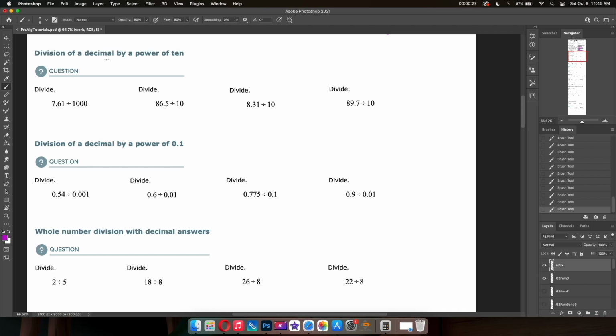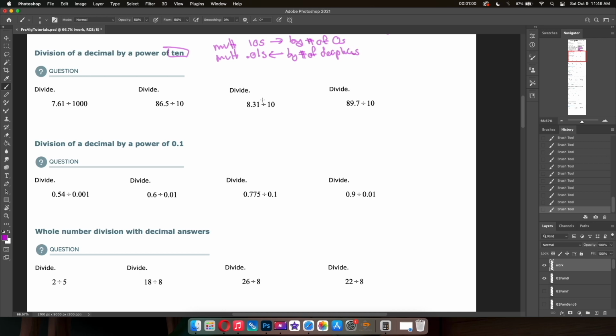All right, so to start, we were talking about this a little bit in the last video, but when you're dividing by a power of 10. So we were talking earlier about multiplying by tens. You move to the right by the number of zeros, and then when you multiply by decimals, you're going to move to the left by the number of decimal places.